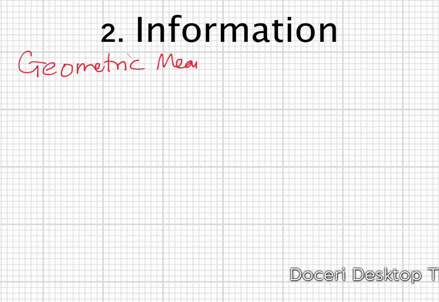So the geometric mean is when I have two numbers, A and B, that are both positive.